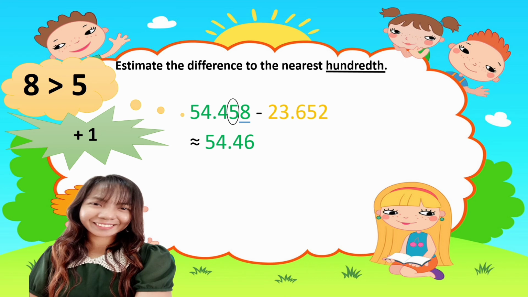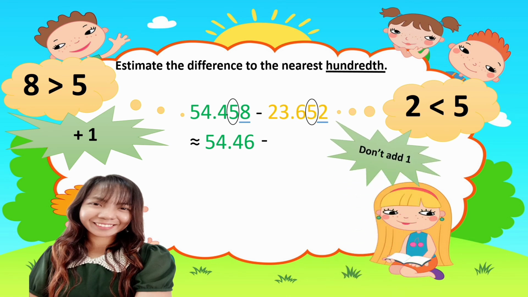54.46. Next, how about in this number? The hundredths place here is 5. And the next number is 2. 2 is smaller than 5, so you don't need to add 1.